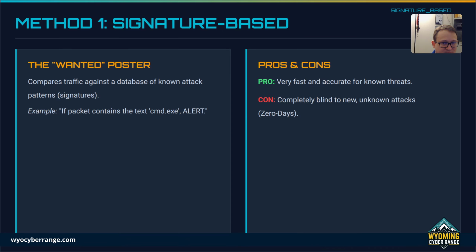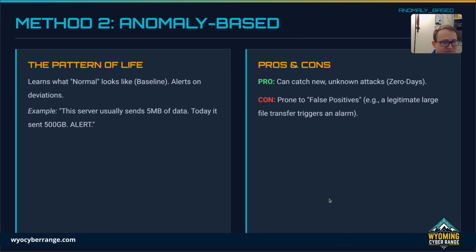Now the second method that we use is called anomaly-based. Now this looks at the pattern of life. It learns what normal is, and we like to call this a baseline. It alerts us on any deviations from that baseline. For example, this server usually sends about 5 megabytes of data.